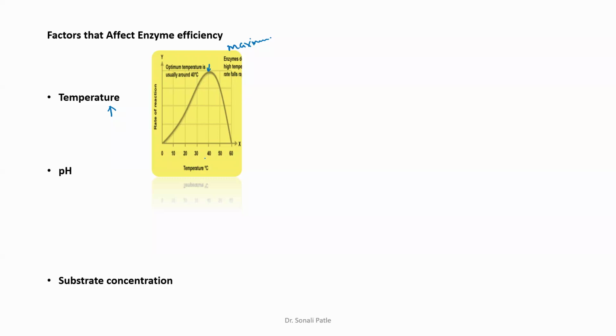Suppose 40 degrees is the optimum temperature for a particular enzyme. If you increase the temperature beyond that, what will happen? We know that enzymes are proteins, and proteins get denatured when you raise the temperature.